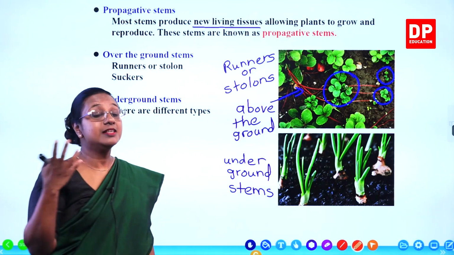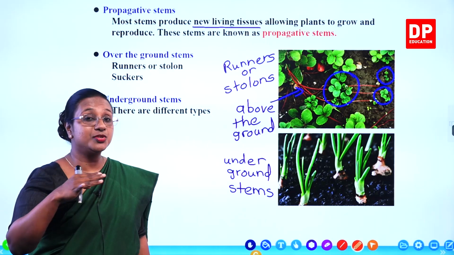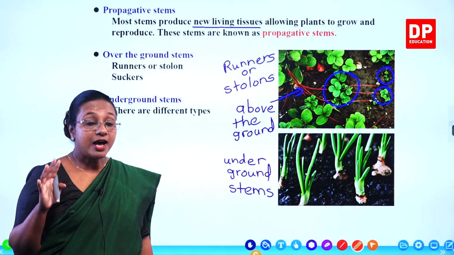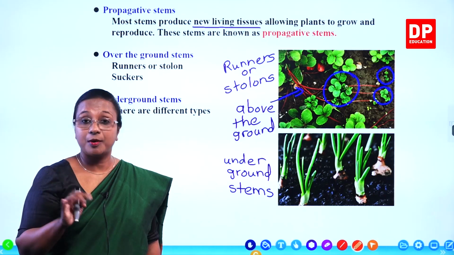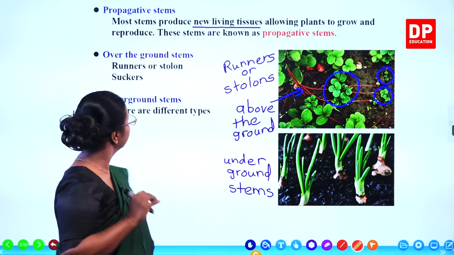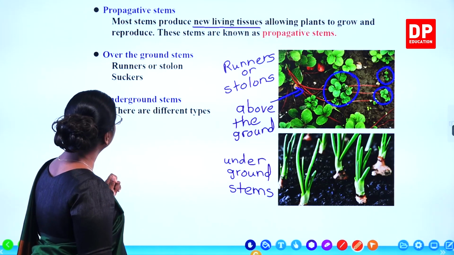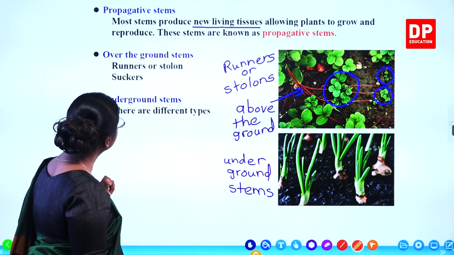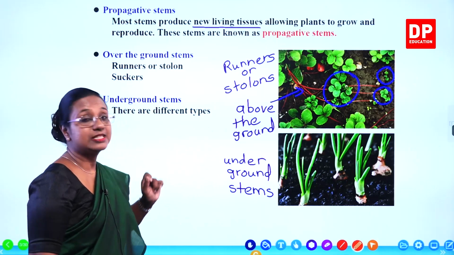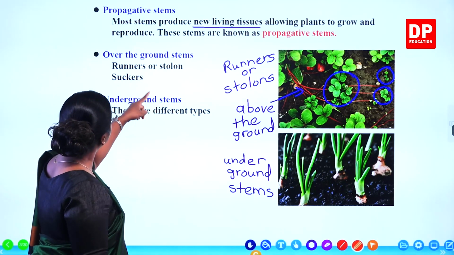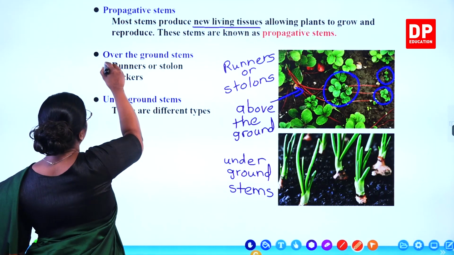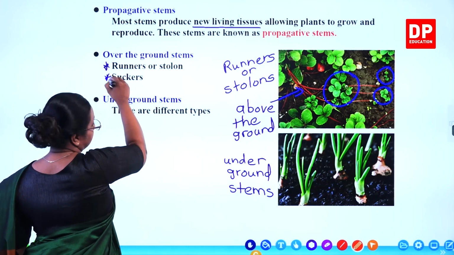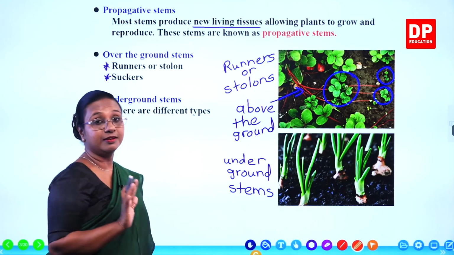Like this, there are suckers also. Those are also above the ground. So, there are stems that are above the ground that can carry out propagation, or propagative stems. So, over the ground stems can be either runners or stolons, that is what is shown here, or suckers. So, two types, runners or stolons, or suckers, that is both over the ground.